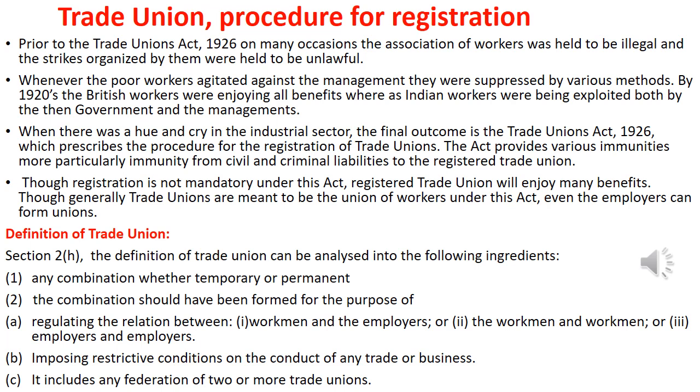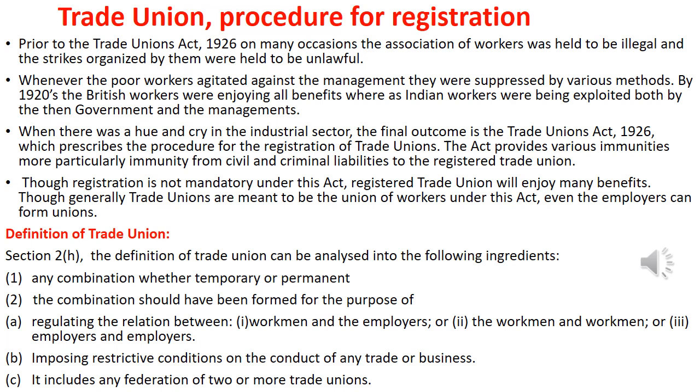So there was a hue and cry in the industrial sector, and there comes the final outcome, the Trade Unions Act 1926. Here it prescribes the procedure for registration of the trade unions. The Act provides various immunities, and more importantly, on civil and criminal liabilities. Though registration is not mandatory under this Trade Unions Act, registration will have some benefits.